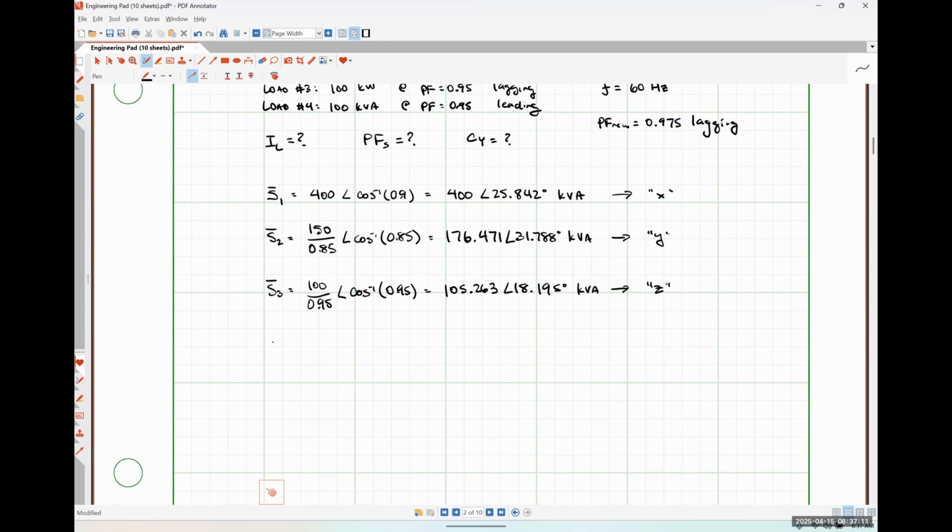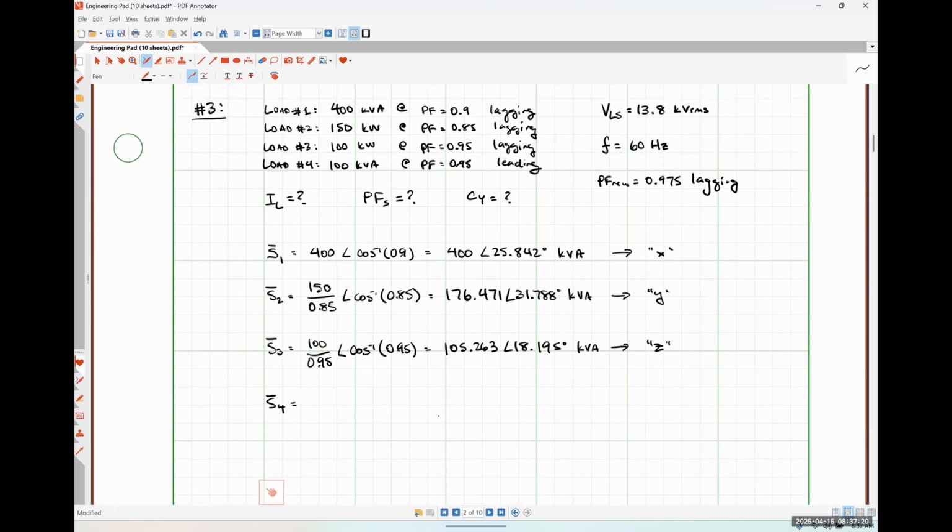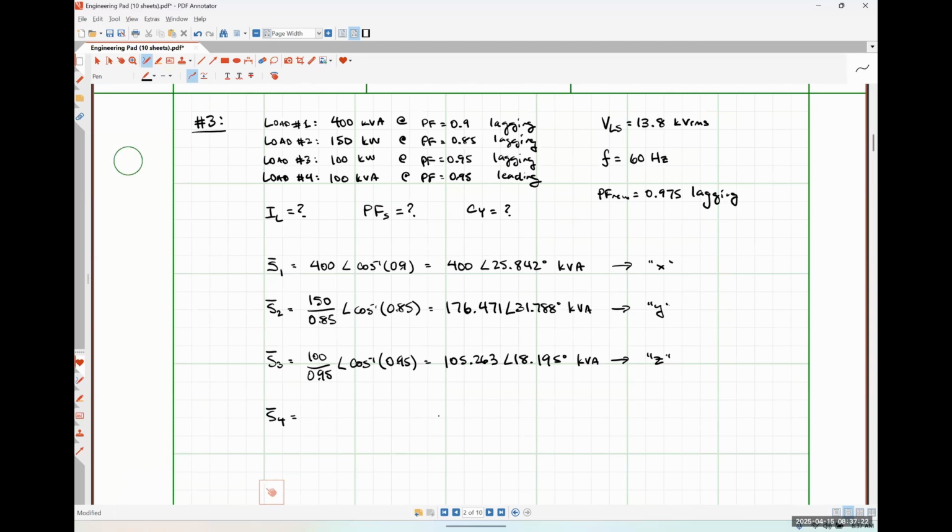And then lastly, for load 4, it's going to look very similar to what we did for load number 1, except that now our power factor is leading. So how do we modify our expression to handle a leading power factor? Negative. We put a negative sign in front of the inverse cosine function.